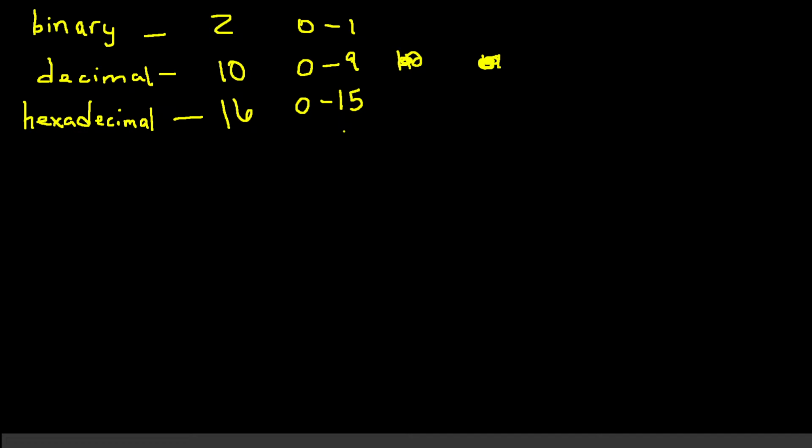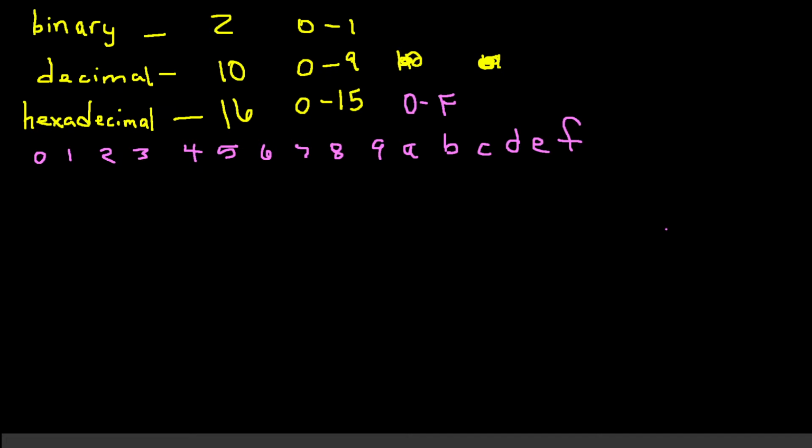So instead, we represent our numbers from 10 to 15 as A through F. So what we're actually looking at is a numbering system that goes from 0 to F. So it would basically be 0, 1, 2, 3, 4, 5, 6, 7, 8, 9, A, B, C, D, E, F. And so this gives us 16 characters that we can represent numbers 0 through 15 with.